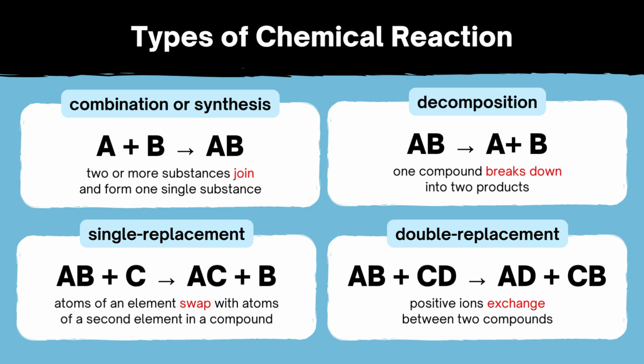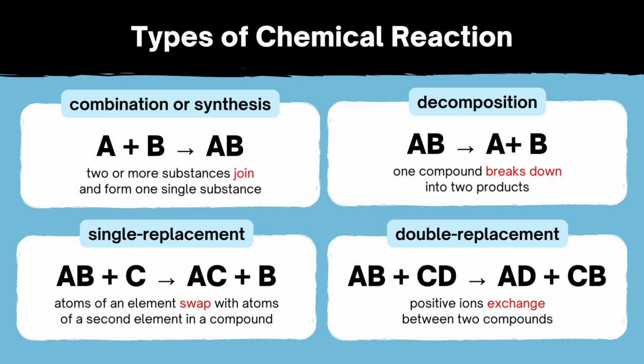In combination, two or more substances join and form one single substance. On the other hand, in decomposition, AB will yield A plus B. In decomposition, one compound breaks down into two products.